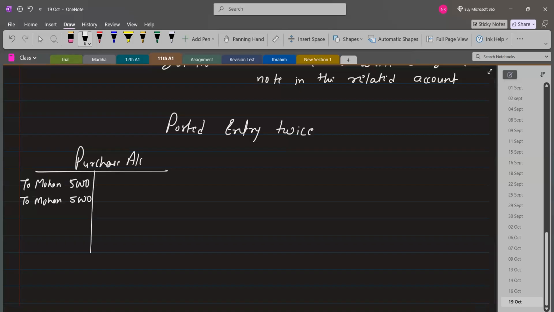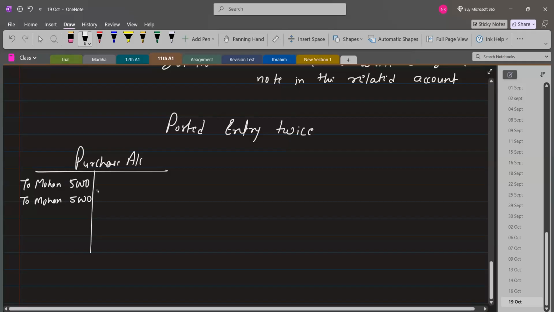Now, if you want to rectify it, you cannot cut this, because rectification does not work like this. You cannot cut this and rectify it. You have to do one entry on the credit side also. So by wrong posting, and you will write 5,000 here also.